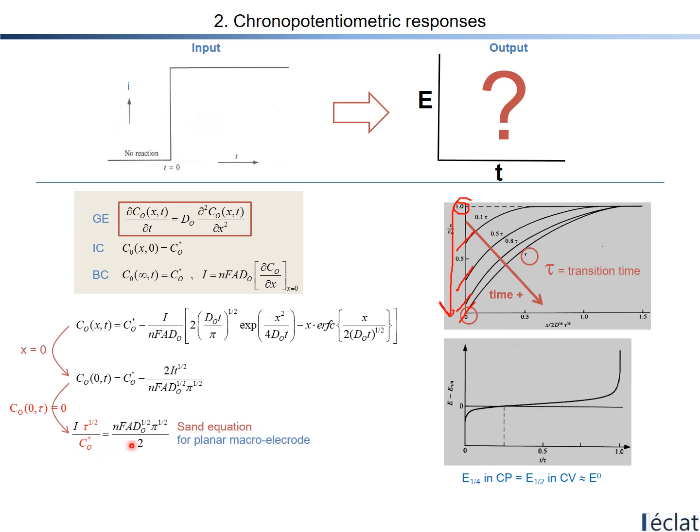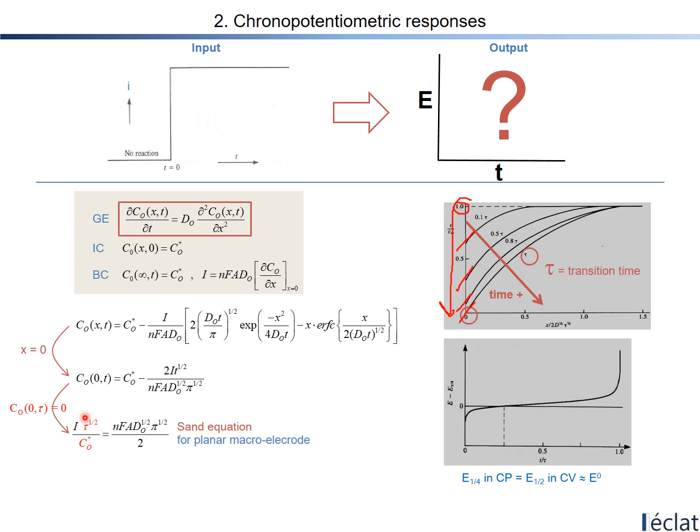This Sand equation is very similar to the Cottrell equation in terms of the shape or formulation. Here you can find the square root of time term. Actually, that is not just time. This is the time which can be used as a measure of the amount of oxidized species, or transition time, or reaction time.